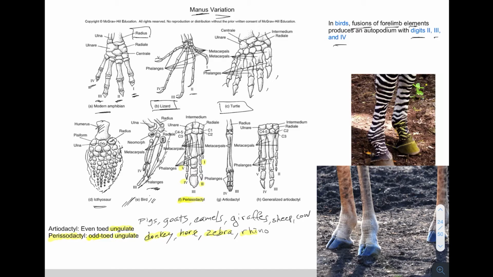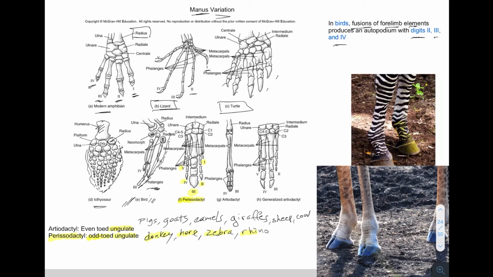On the other hand, digit 3 takes over as the point of contact with the ground and also increases in size. What we're doing here is we're making the very end of the limb much lighter because these animals have to adapt to their predators by being fast. So they want to gain speed as their predators get faster.